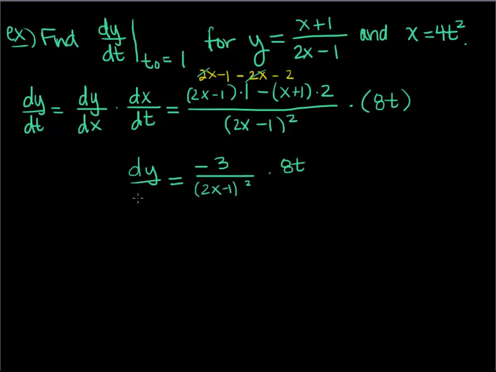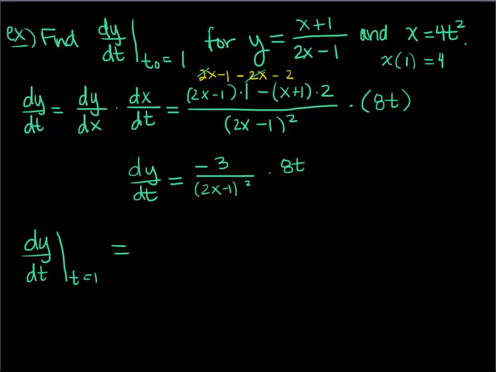Now I know it doesn't look like it's dy dt because we have x's in there, but technically this is dy dt, and I could plug this 4t squared in for x. But what do I actually want to find? I want to evaluate this when t equals 1. So I need to do a little bit of work. What is x when t is 1? Well, that'd be 4 times 1 squared, which is 4.